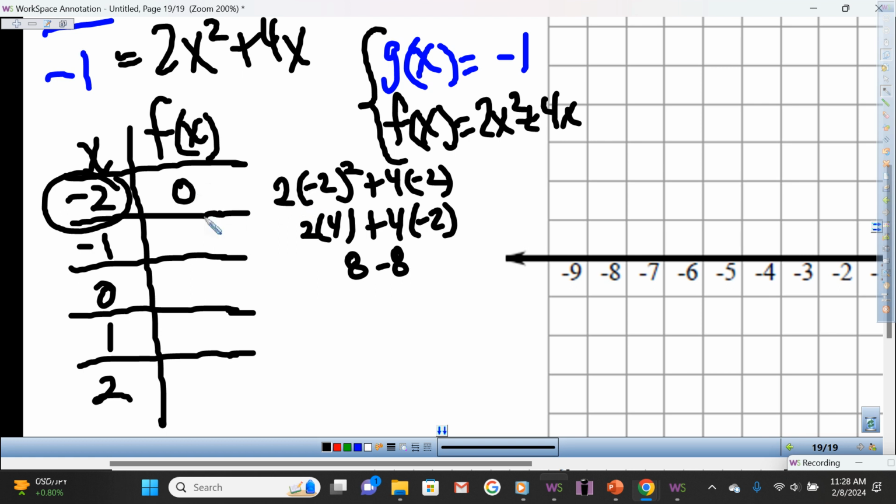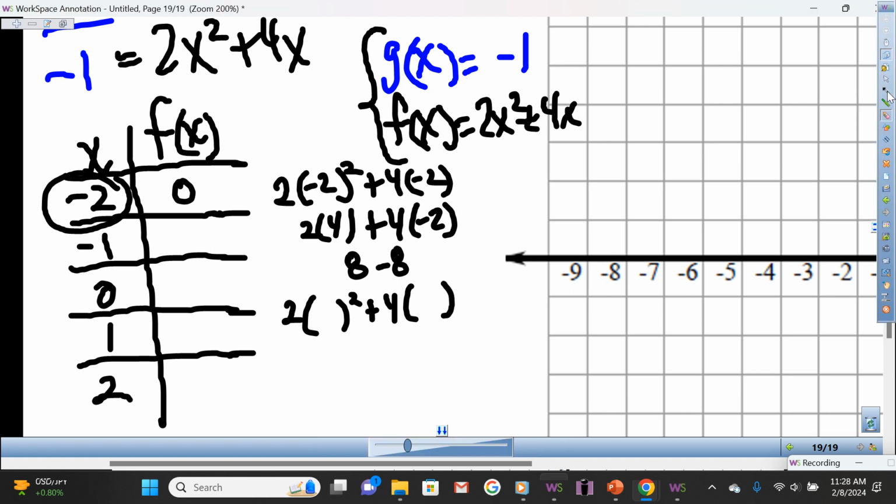Let's do it again for the next value, which is negative 1: 2 squared plus 4, and we substitute negative 1. What is negative 1 squared? 1. What is 1 times 2? 2.